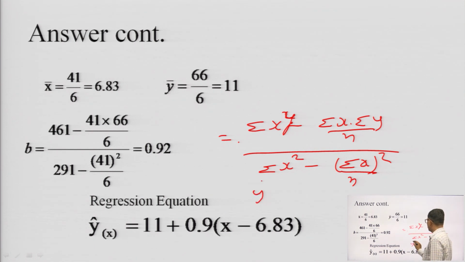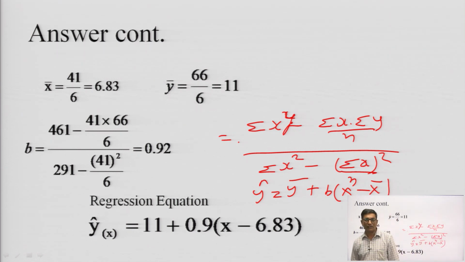And the line of regression we know is y hat equal to y bar plus b into x minus x bar. The regression equation formula is y hat equal to y bar plus b times x minus x bar.